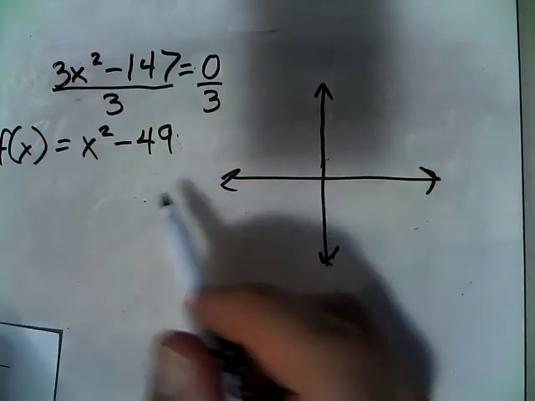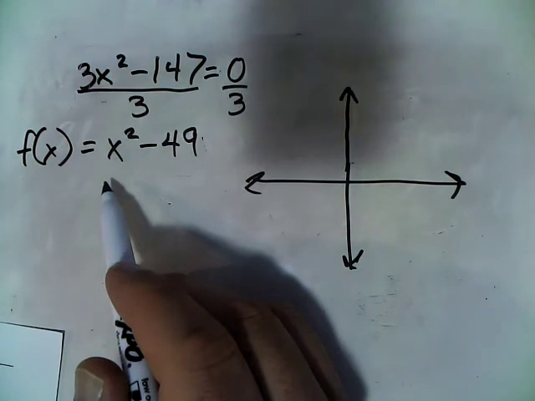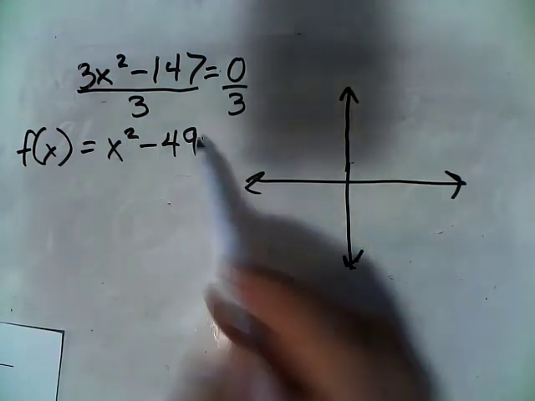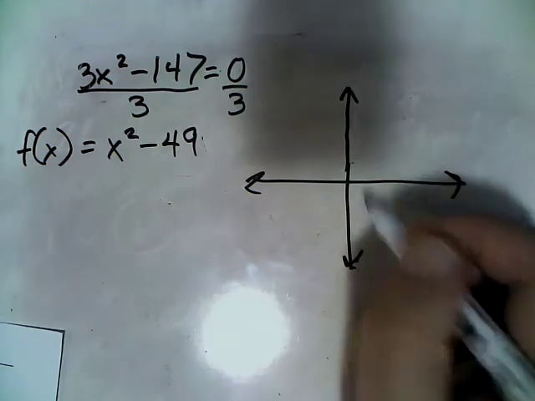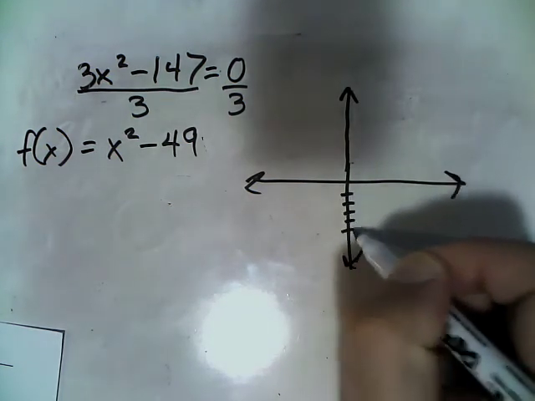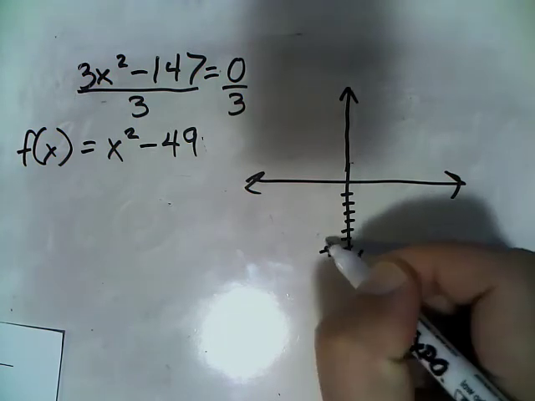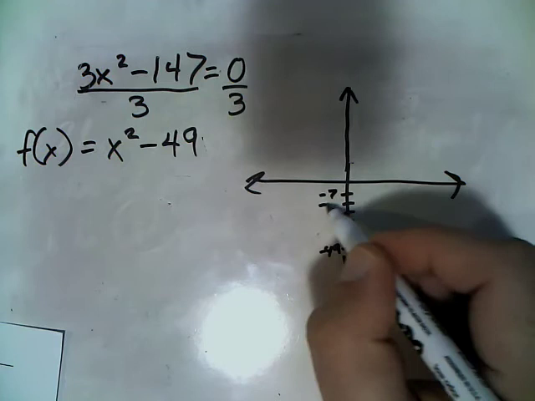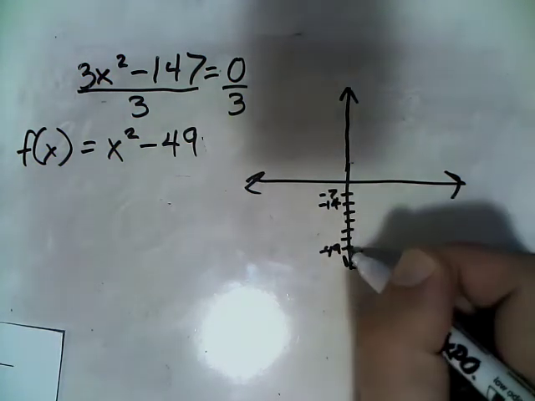Now if we plug in 0 for x then, so 0 squared would be 0, minus 49 would be a negative 49. So then down here, let's go 1, 2, 3, 4, 5, 6, 7, and we'll call that negative 49, and that negative 7, negative 14, and so on. So my vertex is down here.